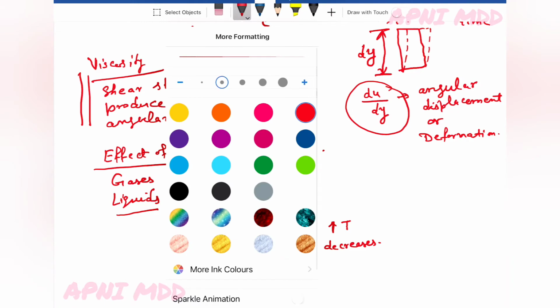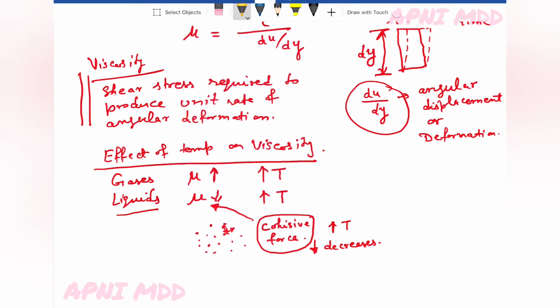Now in the case of gases, there is no concept of cohesive force. There is a large distance between the molecules of a gas.